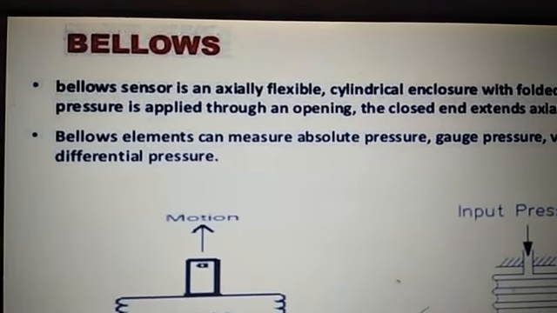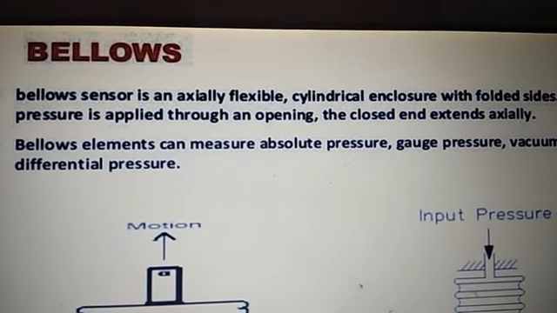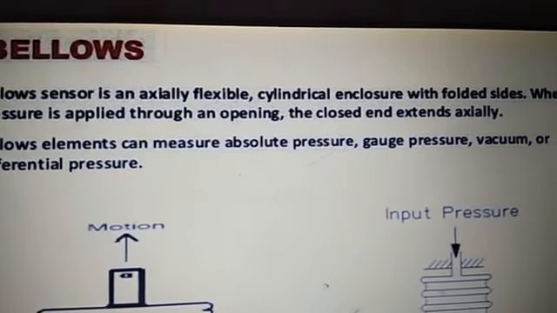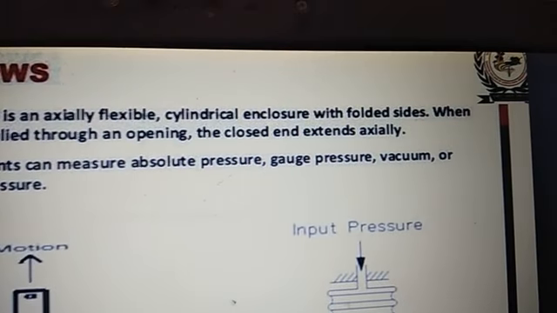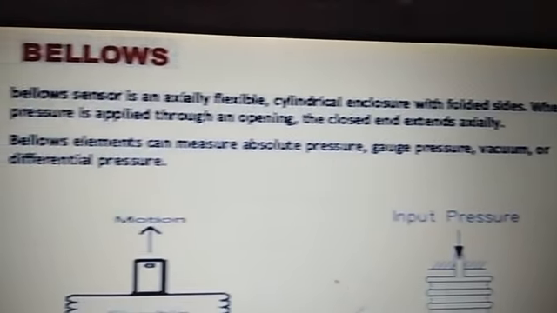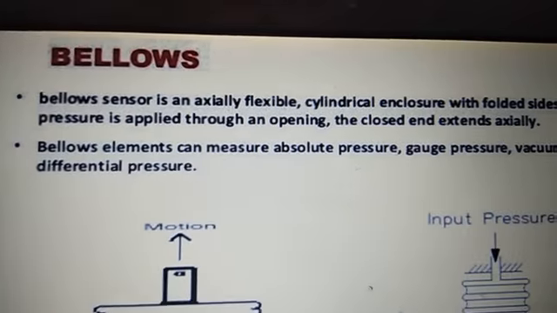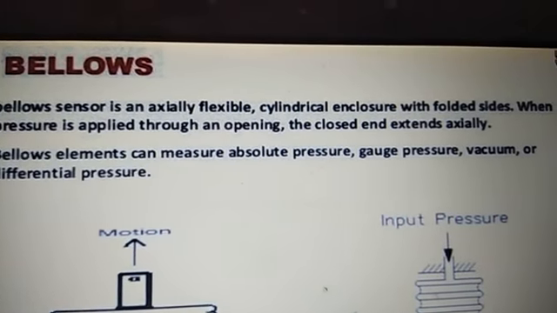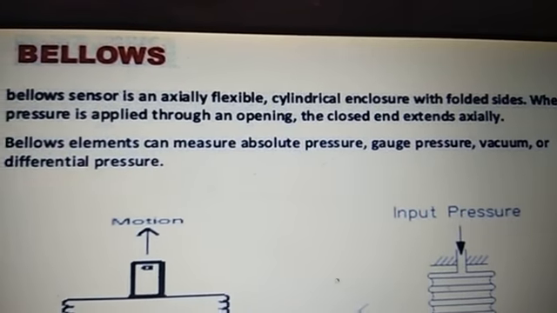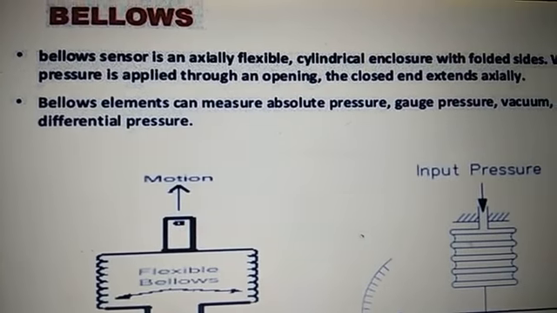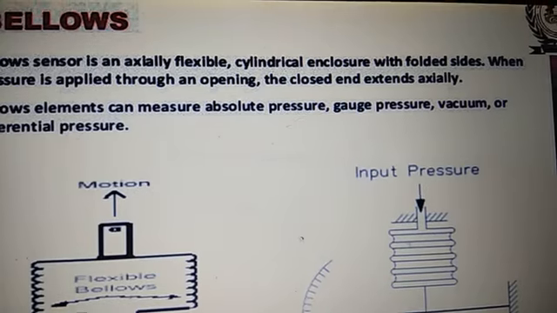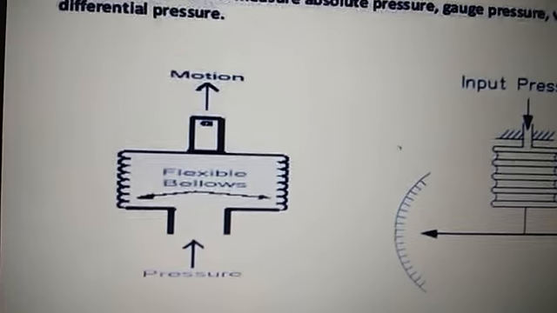You can see here, a bellows sensor is an axially flexible cylindrical enclosure with folded sides. When pressure is applied through an opening, the closed end extends axially. Bellows elements can measure absolute pressure, gauge pressure, vacuum or differential pressure.